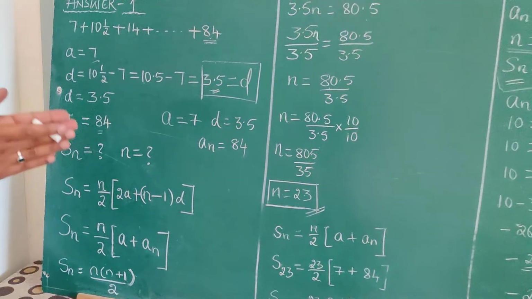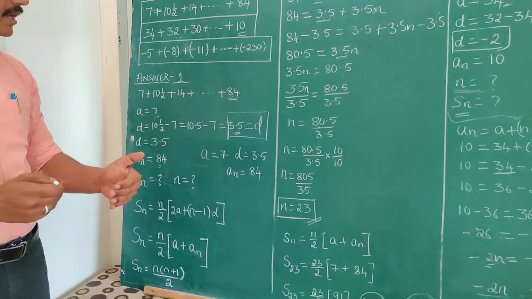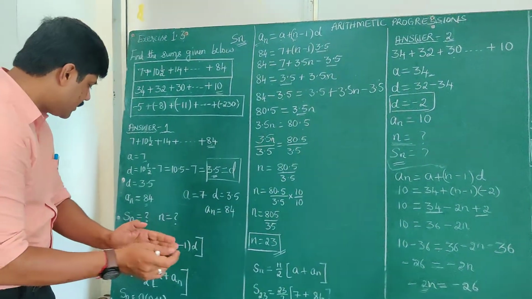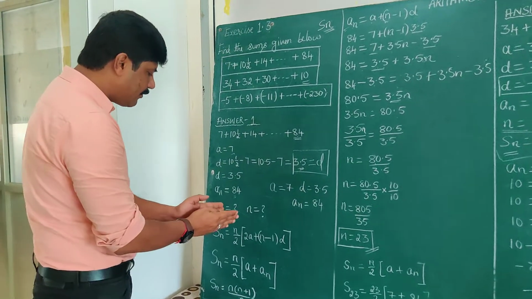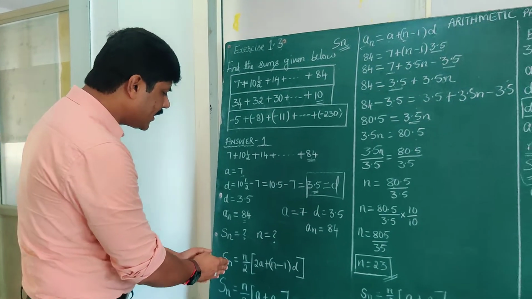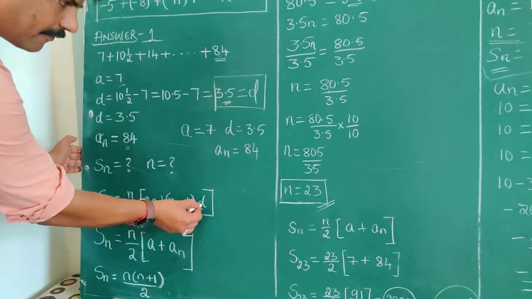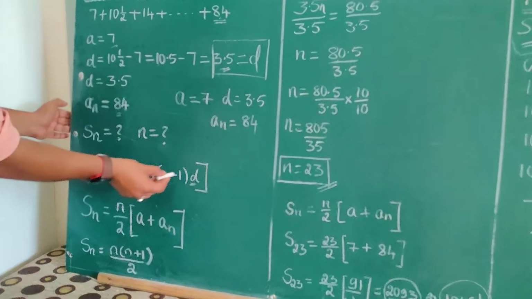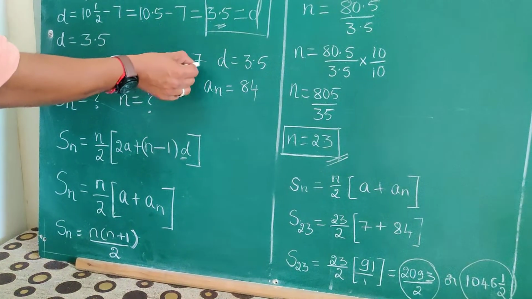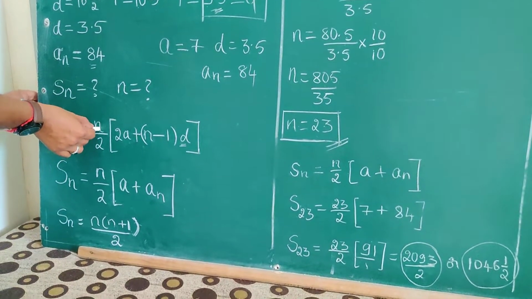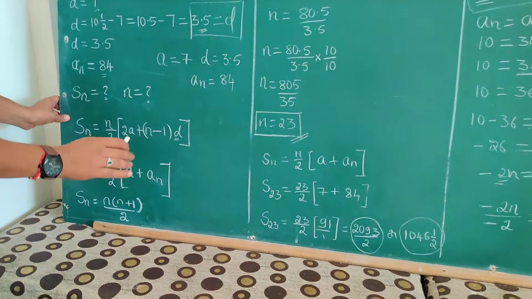Now you have to find the sum of n terms. How do you find the sum of n terms? Just look into the formula. If you look into the formula, there is various unknown data present: d, which we know now, and a is also known, but n we do not know.